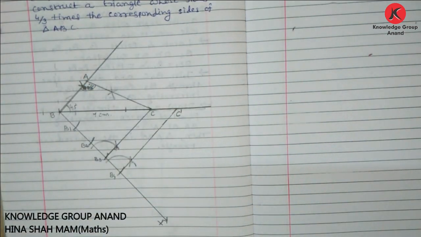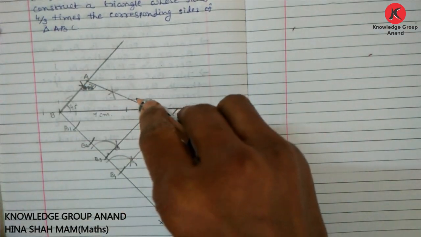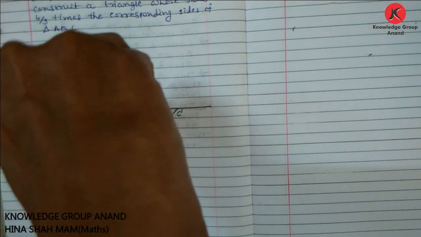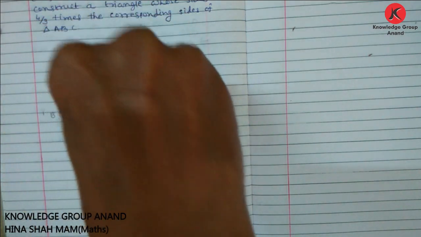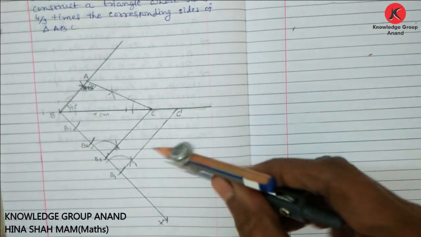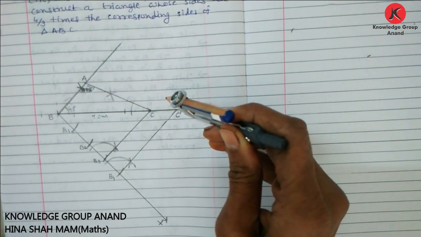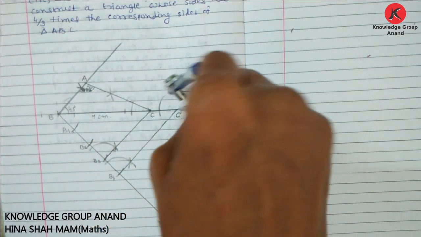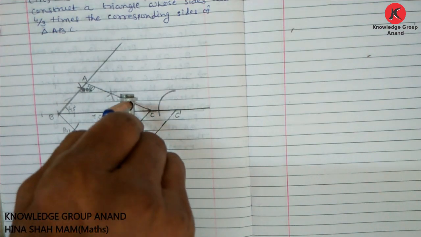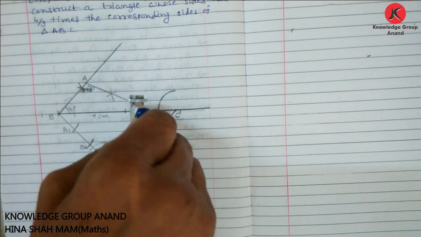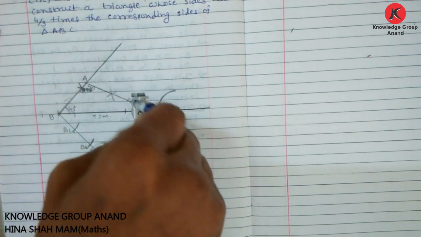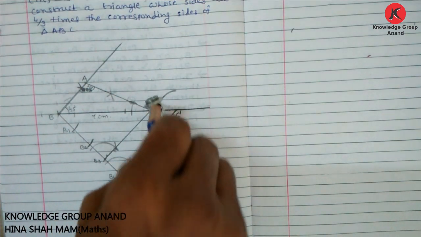Now through C dash parallel to AC. Through C dash parallel to AC. How we draw parallel line? First we draw here, put here C and then put C dash. Now what is angle? Its measure is this.